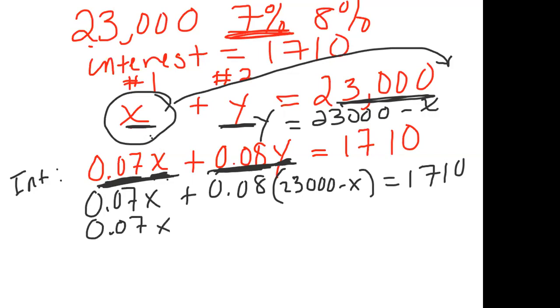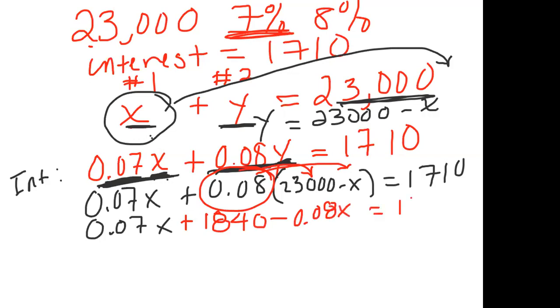So I am going to take this 0.08 and I'm going to distribute it. So if I take 0.08 and I multiply it by the 23,000, it's going to give me 1840. And then the 0.08 times negative x gives me negative 0.08x.